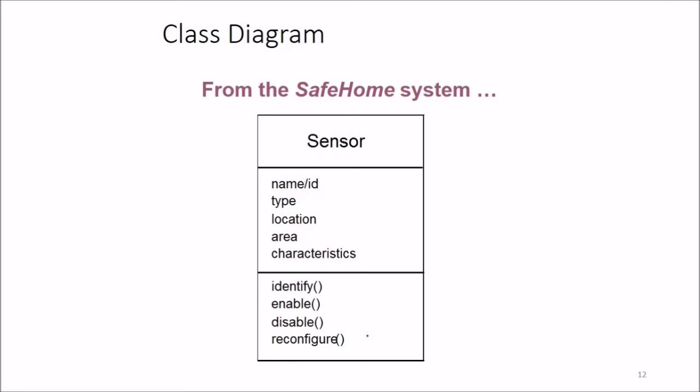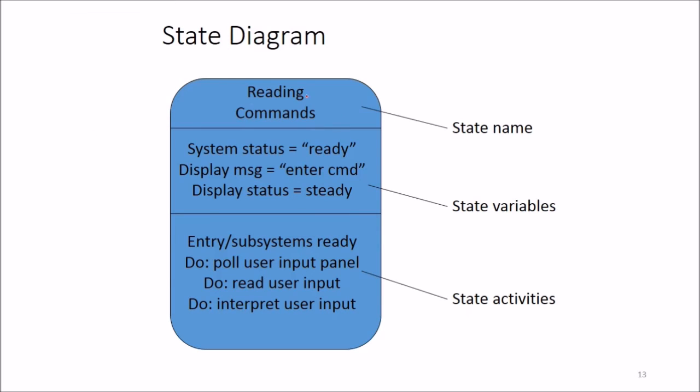Let us introduce a system called the SafeHome system. What it says, you have a sensor, and if you are an object-oriented person, it may be a class, and this is a sensor. You have name, type, location, area and characteristics, and you have functions to identify, enable, disable and reconfigure. And these are the state diagrams.